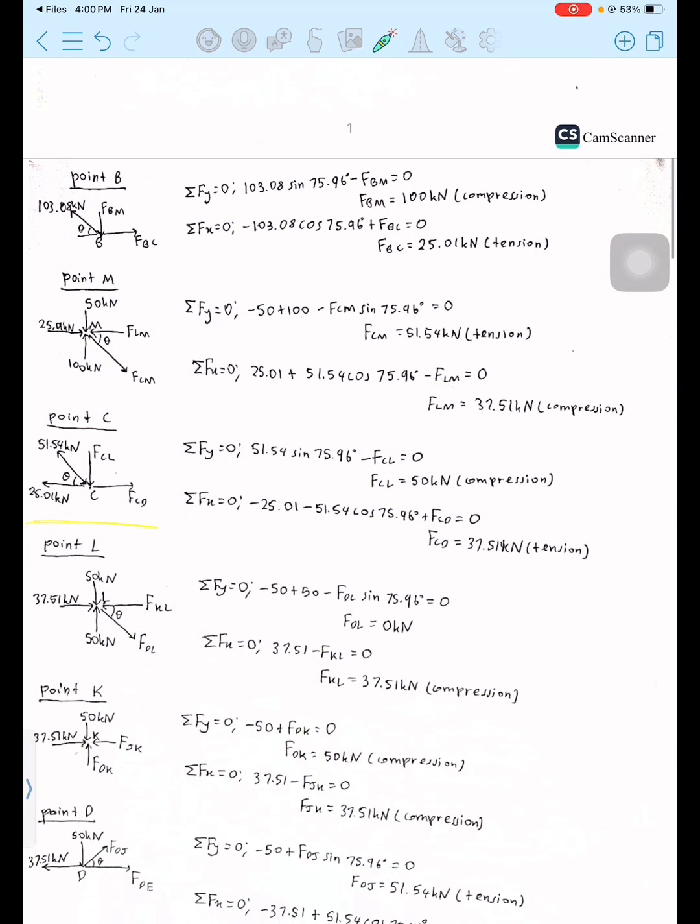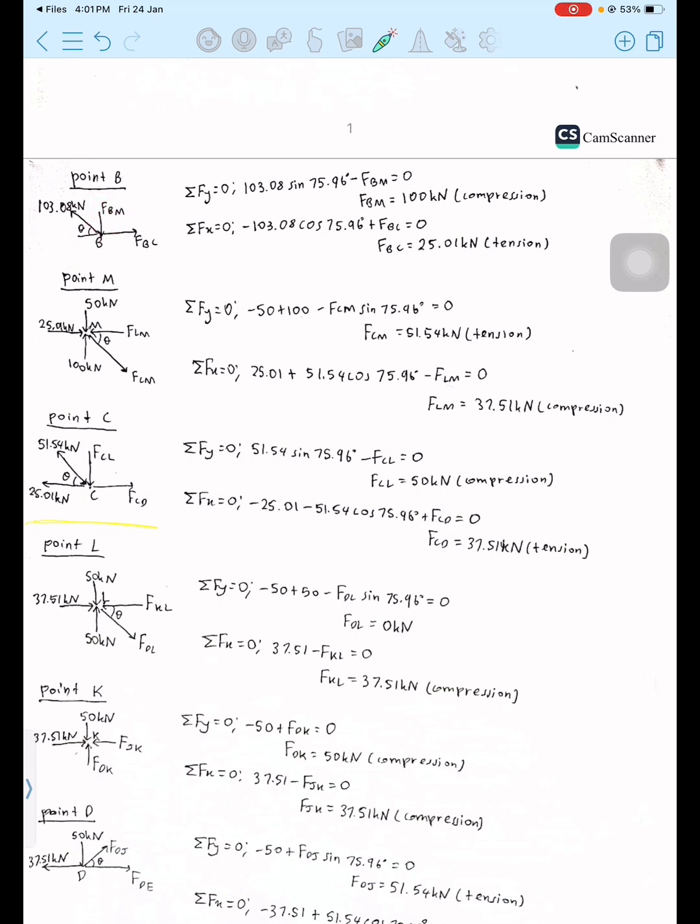Then we go to point B. At point B we have the tension FBN that we found before, 103.08 kilonewton, and FBM we assume as compression, and FBC we assume as tension. FAB we do not consider because FAB is equal to 0 kilonewton. We find FBM first using sum of Fy equals 0: 103.08 sine 75.96 minus FBM, because FBM is downward, equals 0.